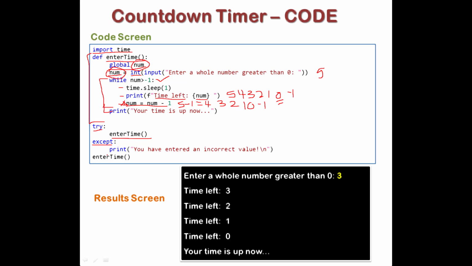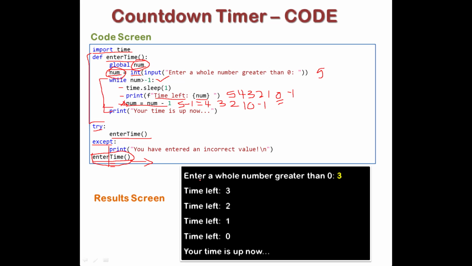But after doing that, it's then going to call back the function enter time. So basically this should actually start from right there. This is where enter time should start from. So this function has to be within the exception, starting from that edge there. Anyway, that's how it works.